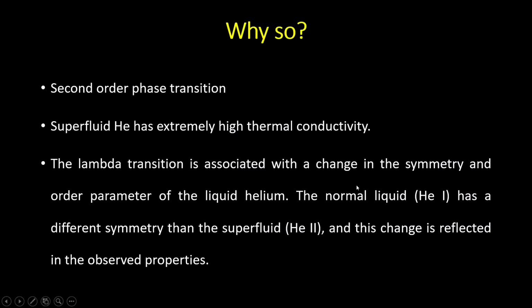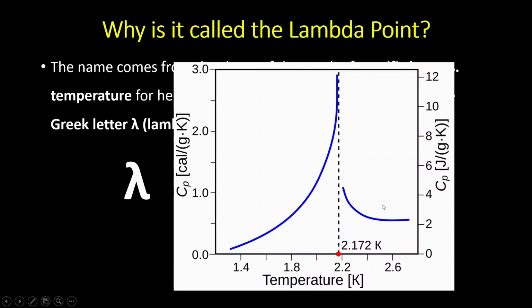The lambda transition is associated with a change in symmetry. This is the reason why we observe the lambda transition: there is a change in symmetry and order parameter of liquid helium. Remember these two terms, change in symmetry and order parameter. Normal helium 1, which is to the right, has a different symmetry than superfluid helium 2.